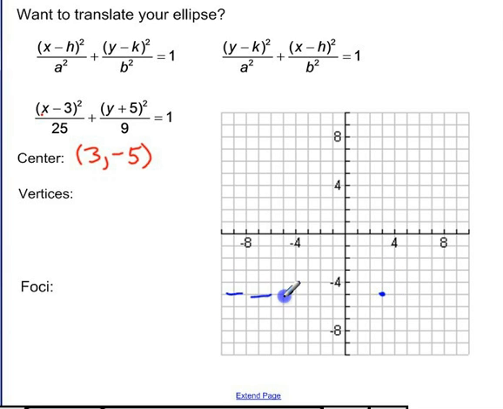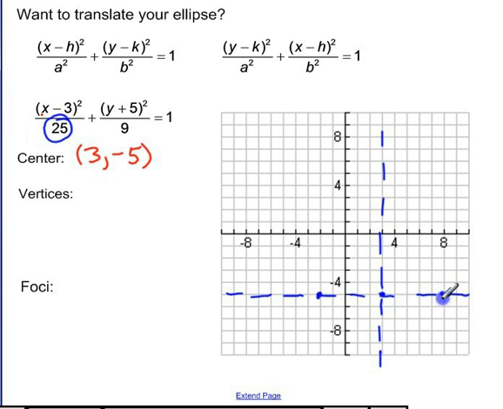So I'm going to draw some kind of temporary axes here, okay? And in the horizontal direction, I'm going to go 5. So from my center, I'm going to go back 1, 2, 3, 4, 5, and forward 1, 2, 3, 4, 5.